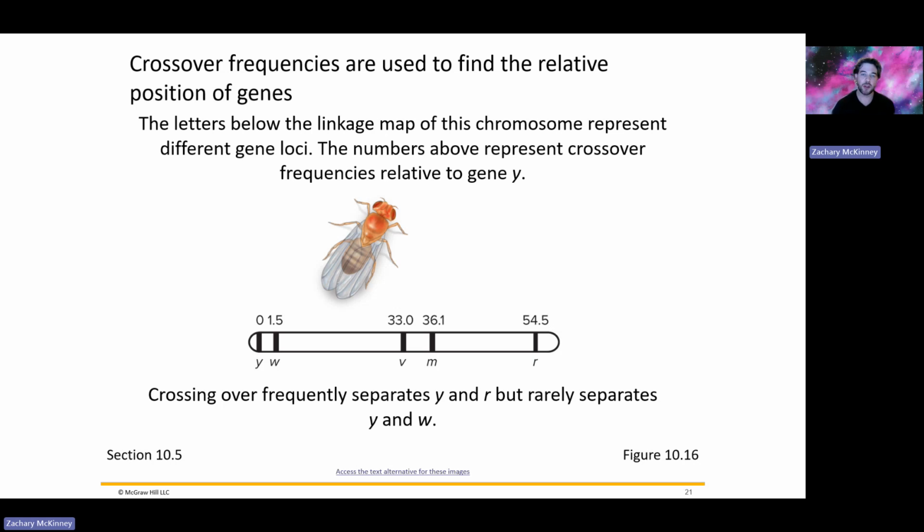Whereas with some traits, it's like, oh yeah, you can have the yellowish color to your body, but you may or may not have this specific wing vein. And so those 2 things probably aren't related to each other. They're probably not very close, because you rarely see them always together. Some traits are always inherited together, and that means that they're going to be very close on the chromosome physically.